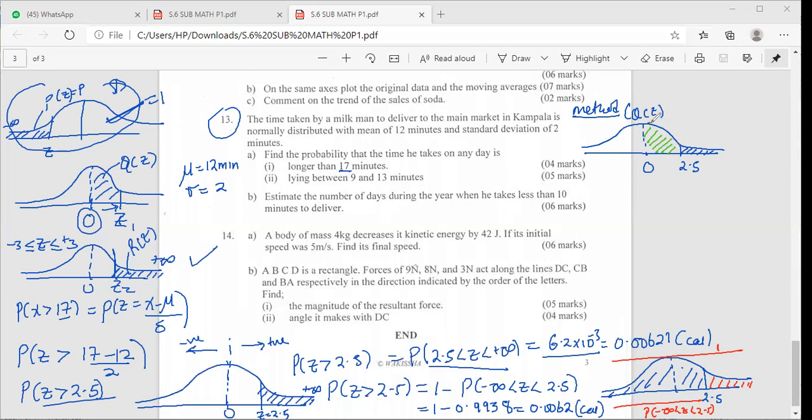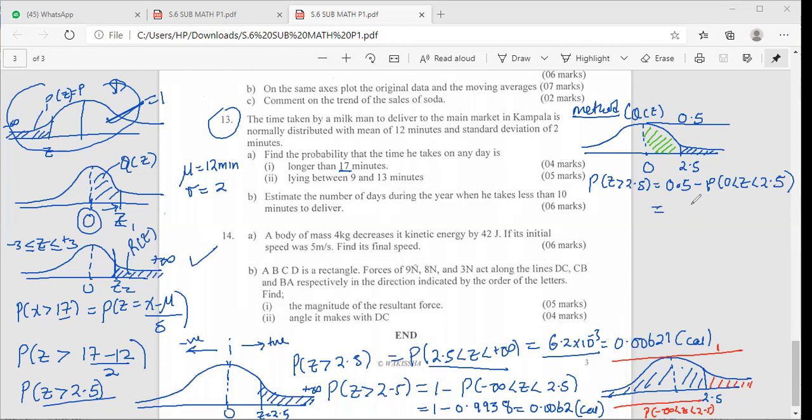And because the whole of this side is halfway, the probability here will be 0.5. Therefore, the probability of Z beyond 2.5 will become 0.5, which is the half, minus the probability between 0 less than Z less than 2.5.